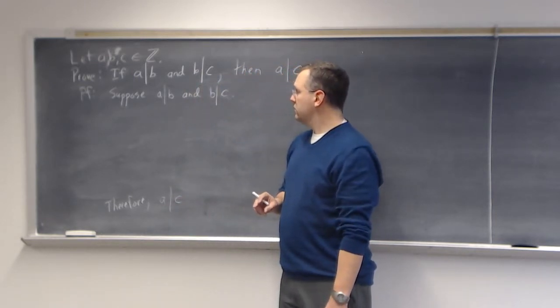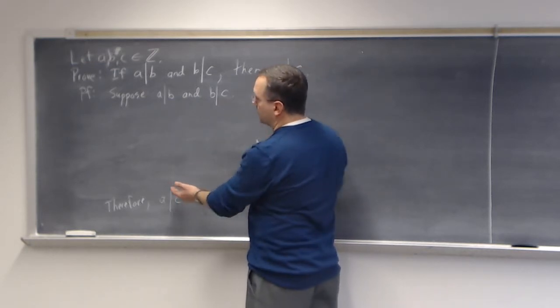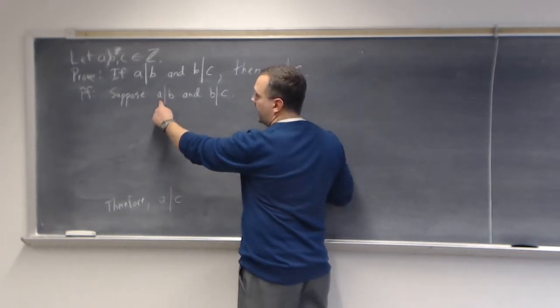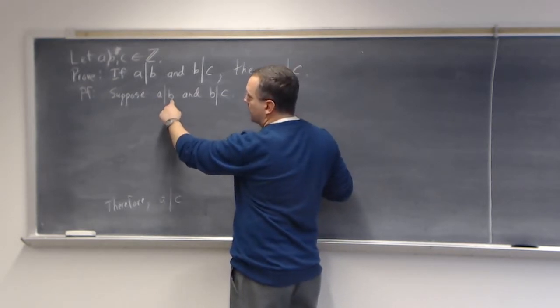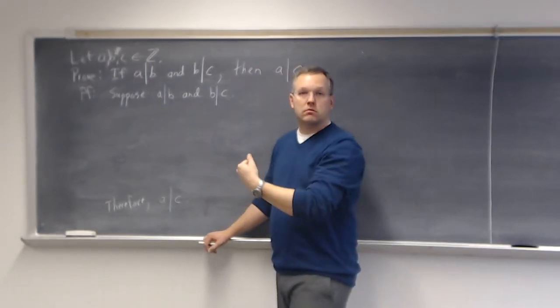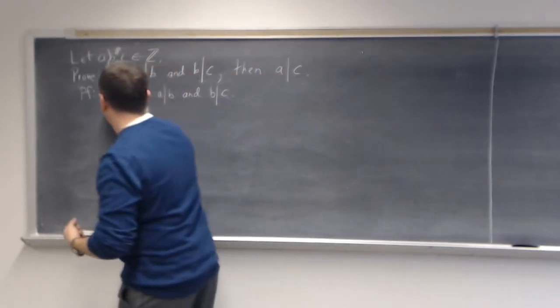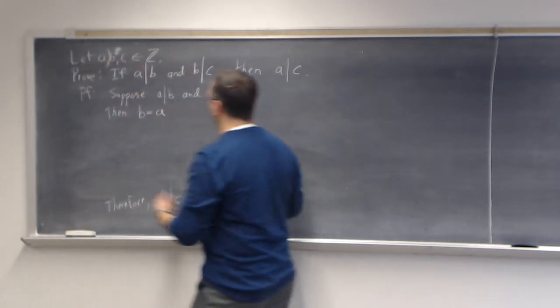Okay? All right. So the next step is we're going to unravel these definitions. A divides B. The definition of A divides B means that I can write B as A times some other integer. So then B equals A times some other integer.